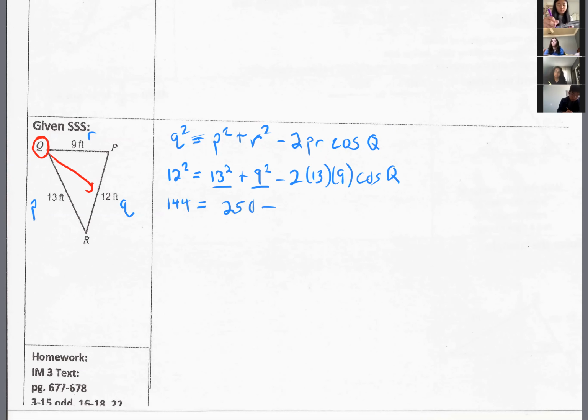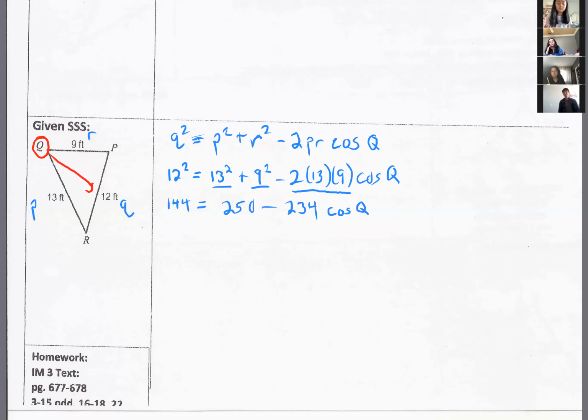Minus, you do 2 times 13 times 9. That's going to be 234. That came from multiplying these 3 numbers together. Then I have cosine Q. A common mistake students make is they do 250 minus 234. Please don't do that. Because if you have 250 minus 234x, you can't combine those.